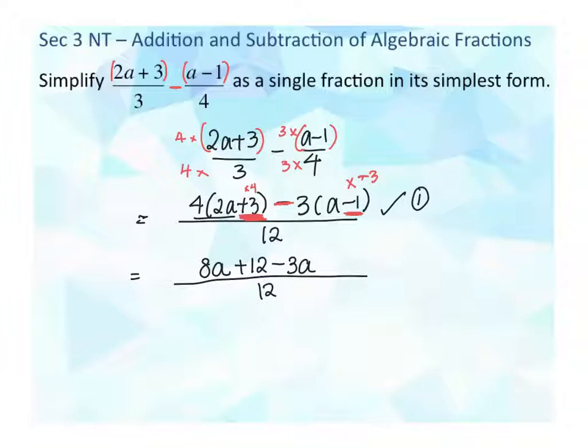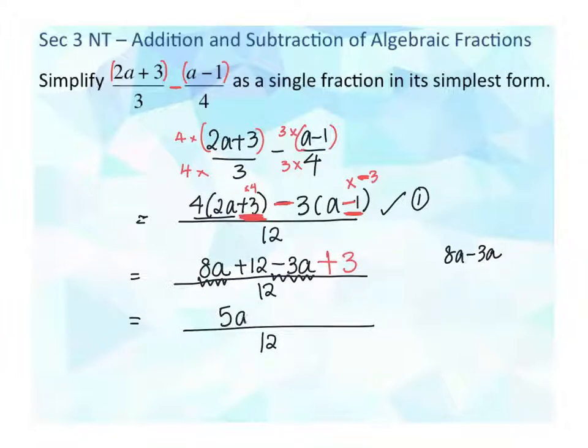So negative times negative will give you positive. 3 times 1 will be 3. Let us simplify our fraction. 8a minus 3a gives me 5a. 12 plus 3 gives me positive 15.